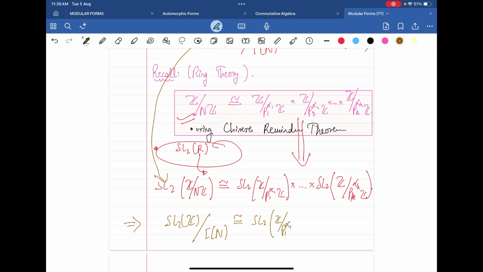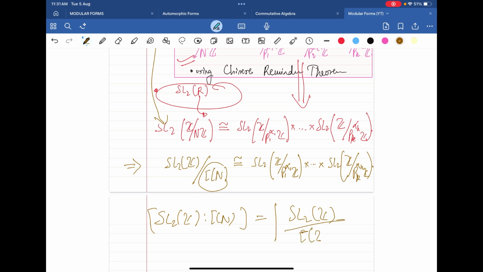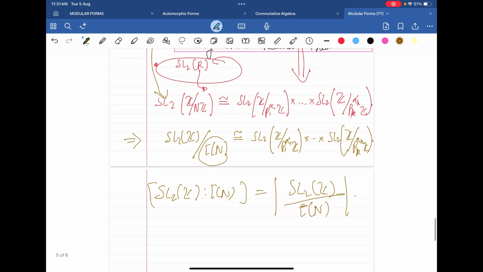It's good looking because it kind of looks like a factorization, though not actually the factorization. And the index of this group gamma n is equal to the cardinality of this group, or the number of cosets, and this cardinality is equal to the cardinality of this group.